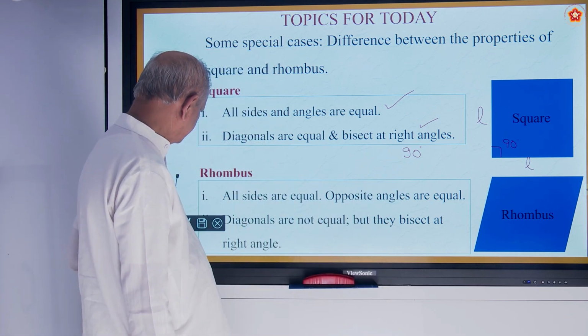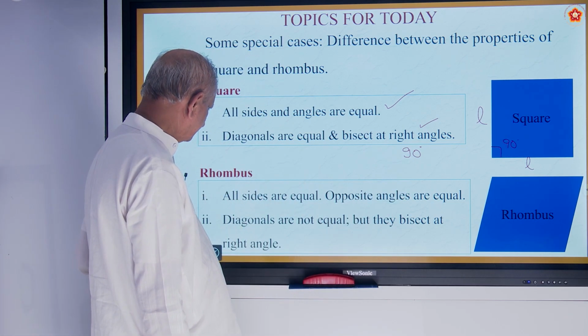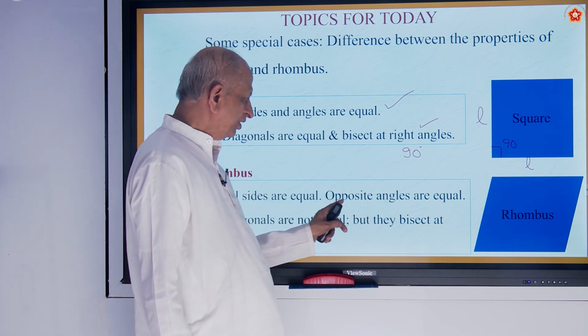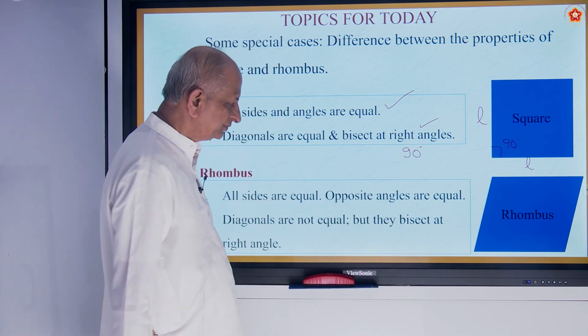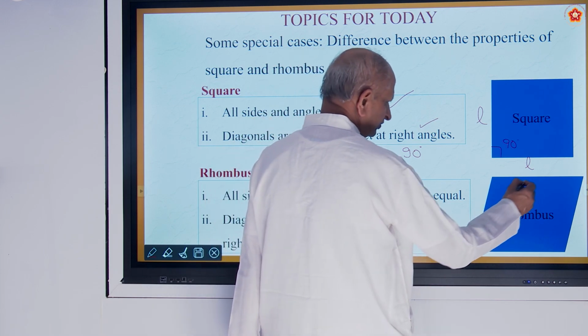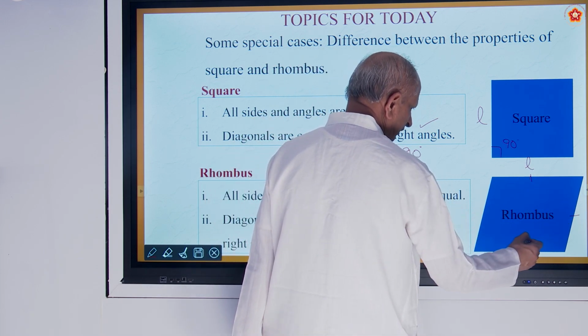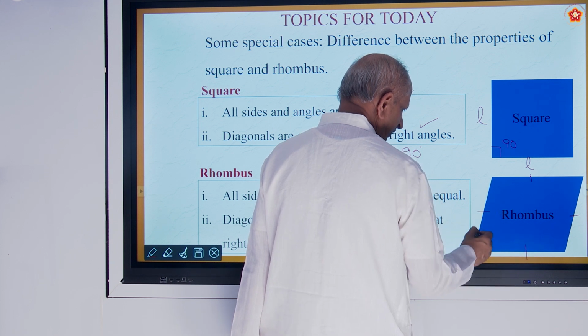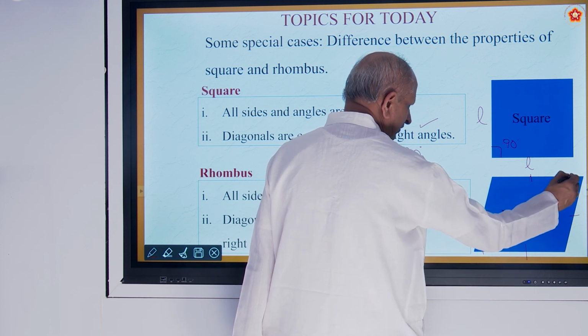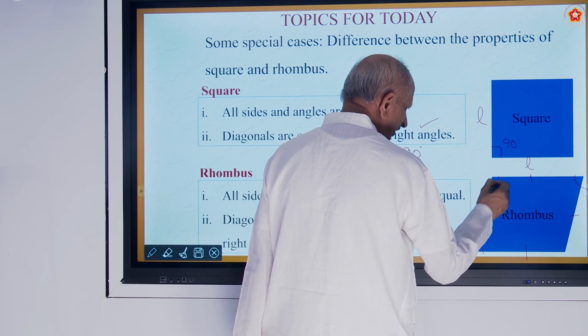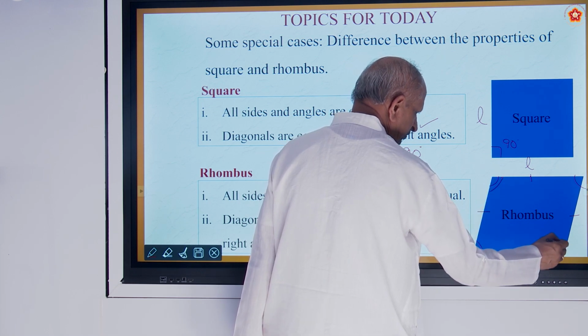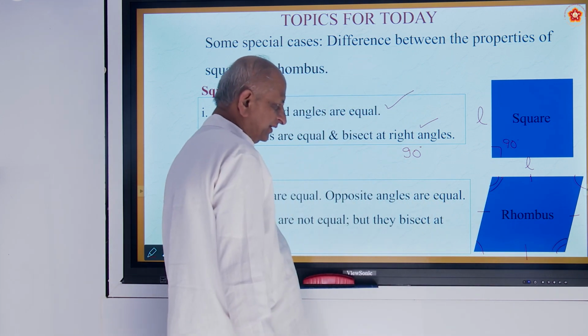Then rhombus. Coming to rhombus, all sides are equal, opposite angles are equal. So here all sides are equal and opposite angles are equal. How many opposite angles will be there? Two pairs, correct?